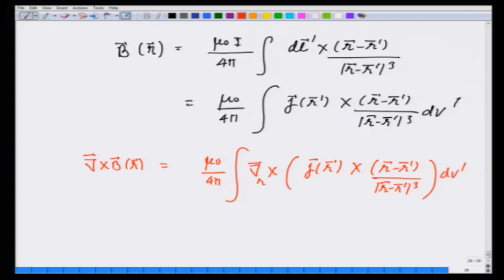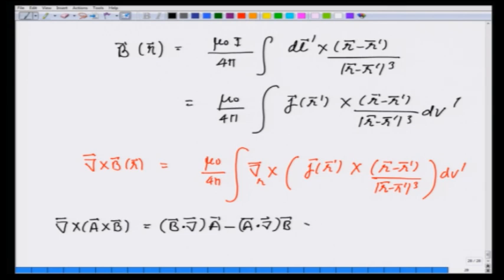Now, I am going to use a vector identity, which is curl of A cross B is equal to B dot del operating on A minus A dot del operating on B plus A divergence of B minus B divergence of A.